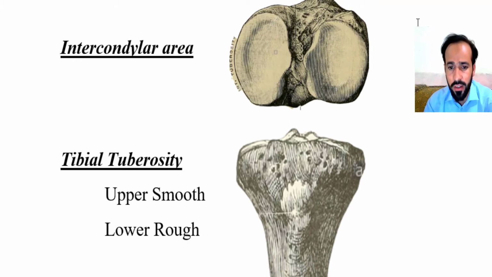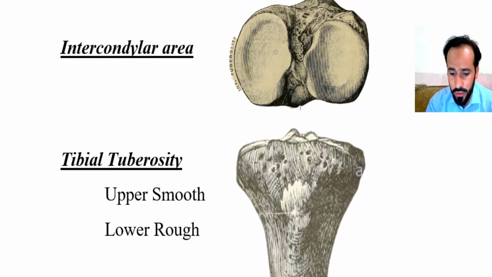So we said that there is the medial condyle, there is the lateral condyle, and then there is the intercondylar region. If you follow my pointer, you can easily see it. This is the intercondylar area. Intercondylar means between the two condyles. I hope you are understanding me right.